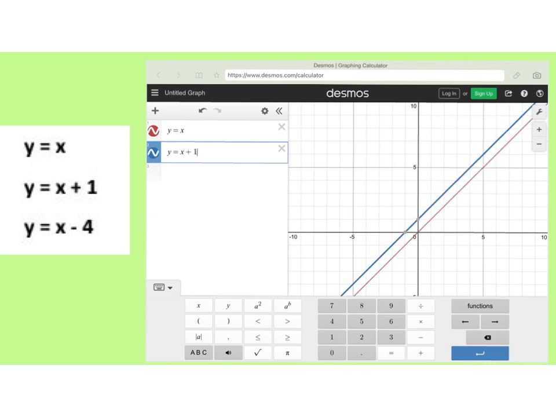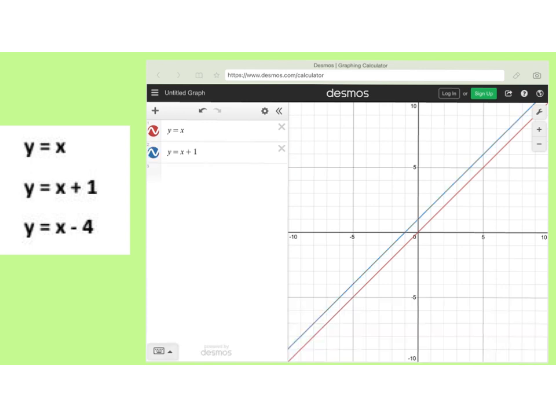Notice how the graph changed. So in this case, we added 1. So what ended up happening is we shifted this graph up 1 unit. So this would be up 1.